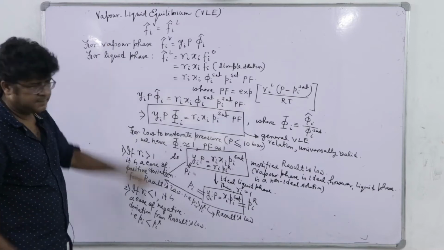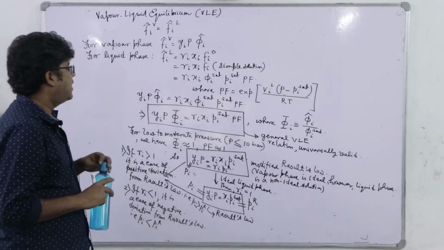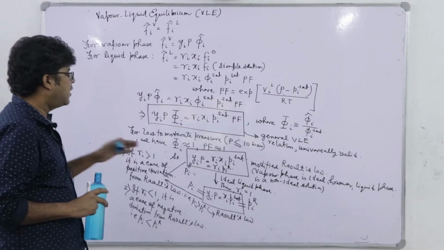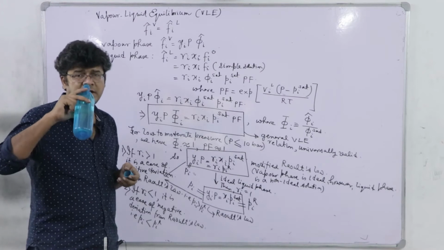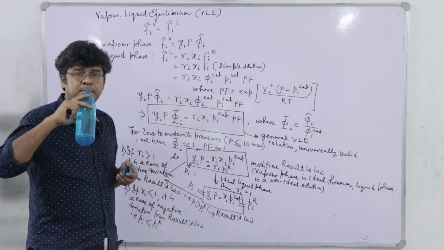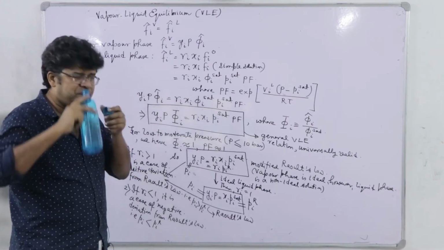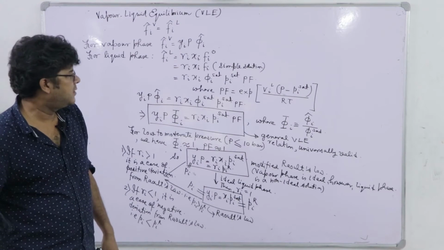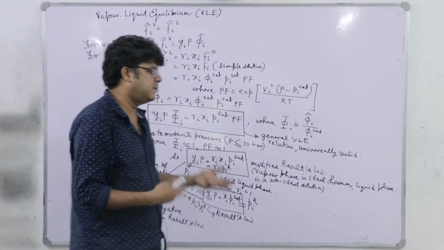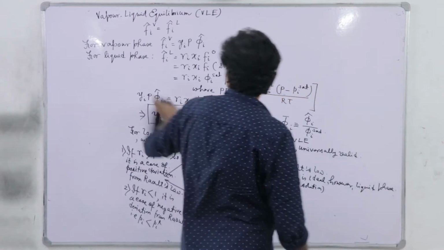So that's the relation for VLE we are looking for, and now we are going to understand the very basics of the pictorial representation of VLE, that is the PXY and TXY diagram. Primarily we will discuss this TXY diagram, and next we will move on to the more fundamental PXY diagram. Right.